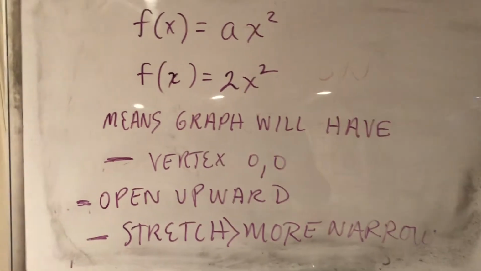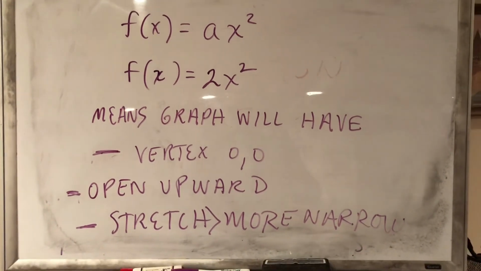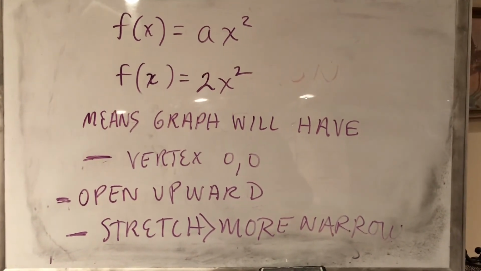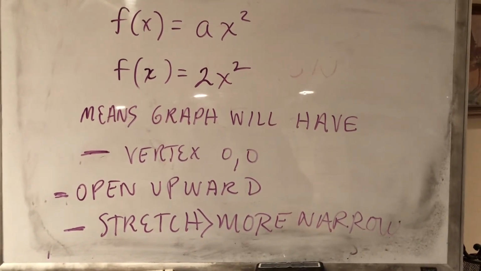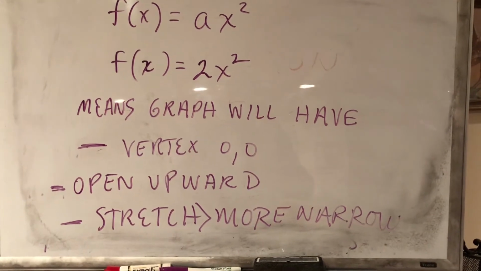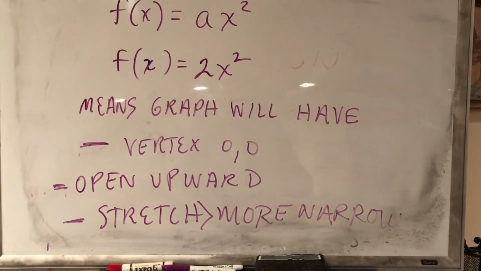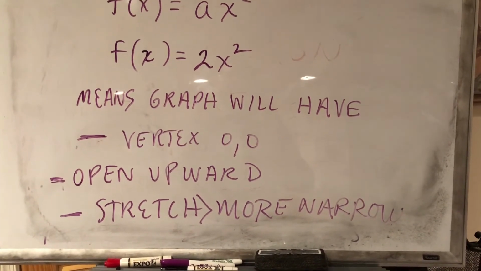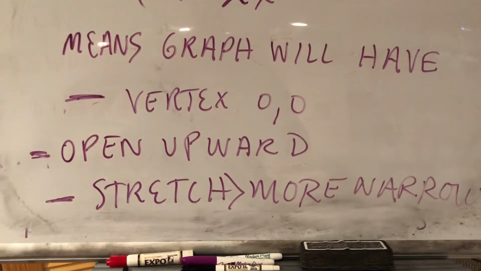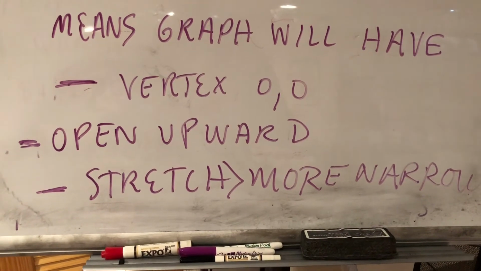So as a way of reviewing, first off, the function f of x equals ax squared. Let's suppose we were given 2 to put in place of the a. So now we have f of x equals 2x squared. What does that mean? Well, it means the graph will have a vertex of 0, 0.